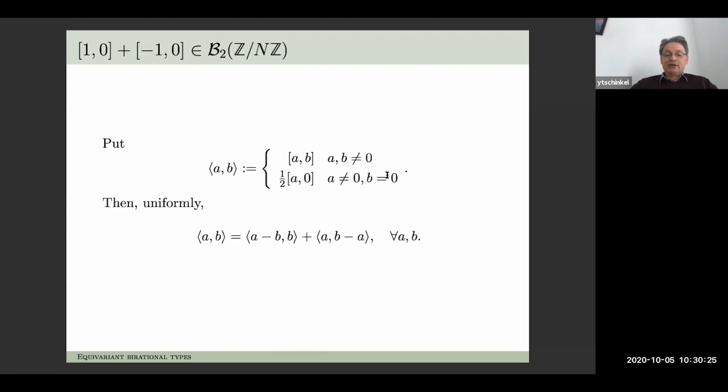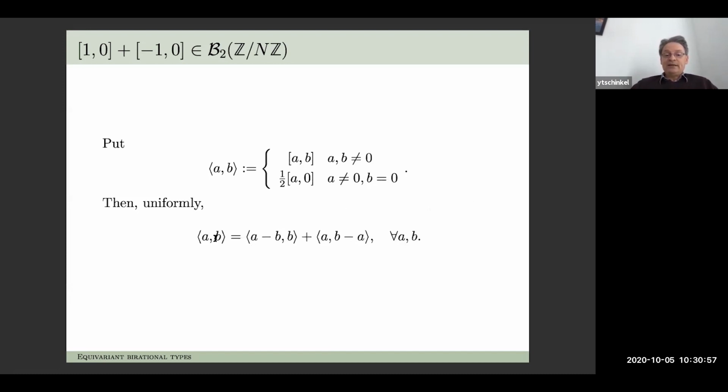Okay? So the advantage of using these brackets is that previously the condition was (A, B) is (A−B, B) plus (A, B−A), but only under the assumption that A is not equal to B. Now, if A is equal to B, well, then the previous condition in the angle brackets was (A, A) equals (A, 0).